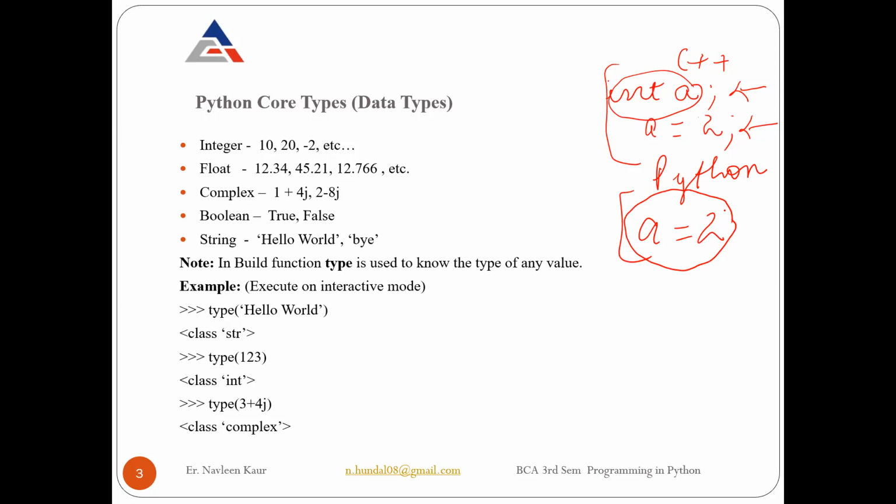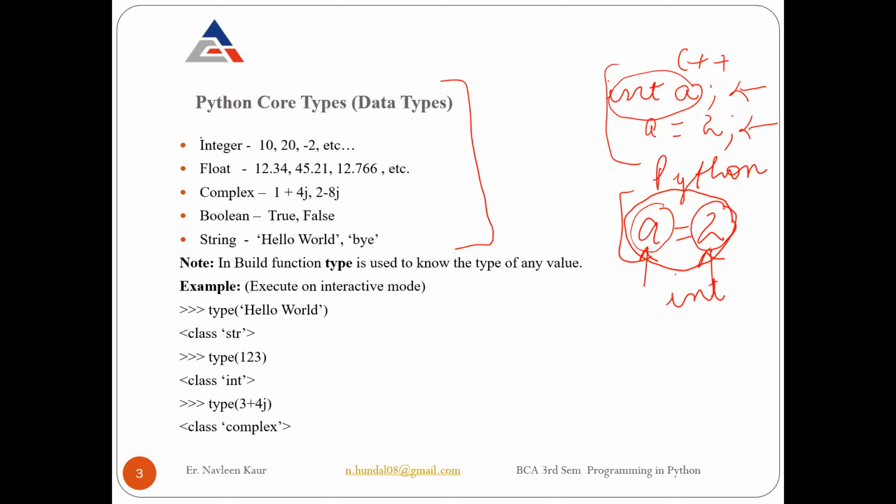Obviously, if I'm creating data with the name a, and I am assigning it value 2, this a variable has some data type. For this particular example, as 2 is being assigned to it, this a has a value of the type integer.